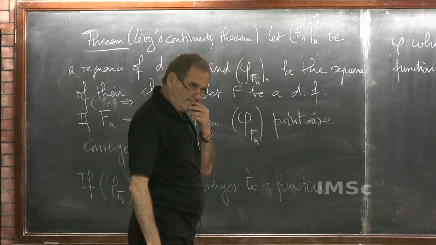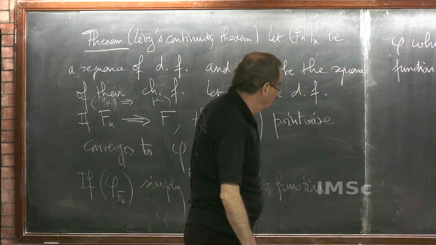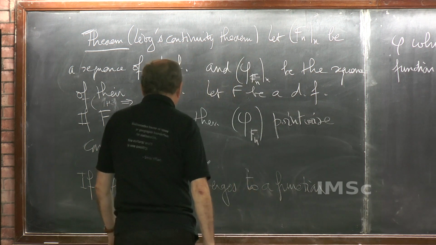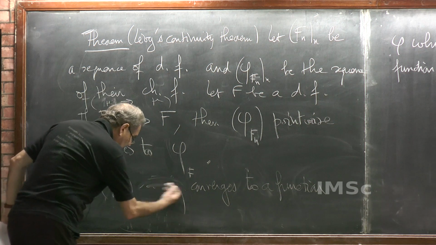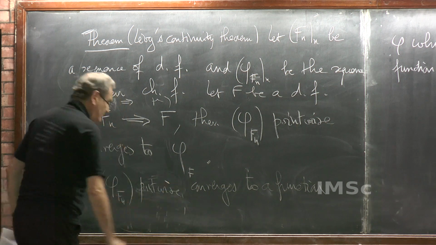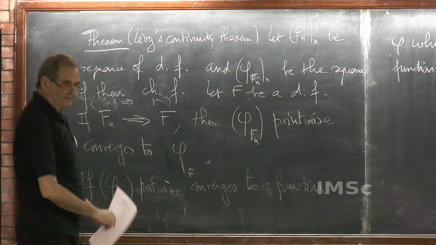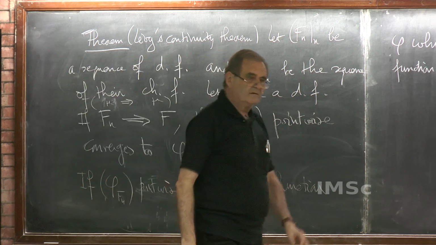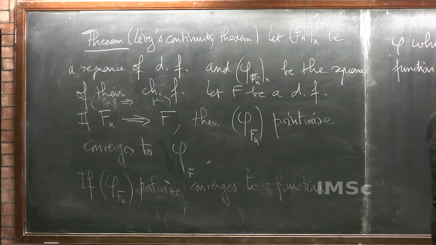So in particular, if it is continuous at a point, it is continuous everywhere. Sorry? You are taking the converse question, right? Yeah, okay. It is because I use simply, which is not good. Pointwise, yes. The function phi f is continuous everywhere, right? Oh yes, the phi f are continuous everywhere. Once you got continuity at 0, you got continuity everywhere. Not only do you get continuity everywhere, but you get the fact that it is indeed the Fourier transform of a measure, and that you have weak convergence toward this measure.